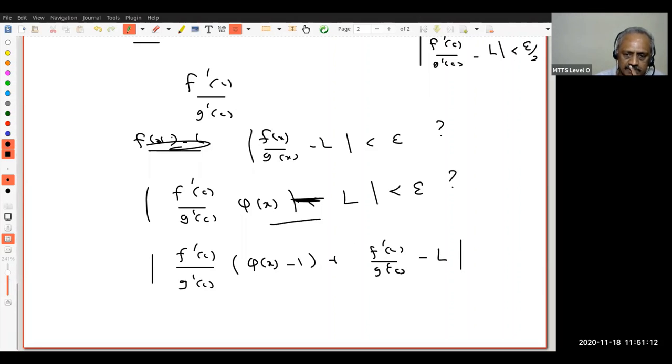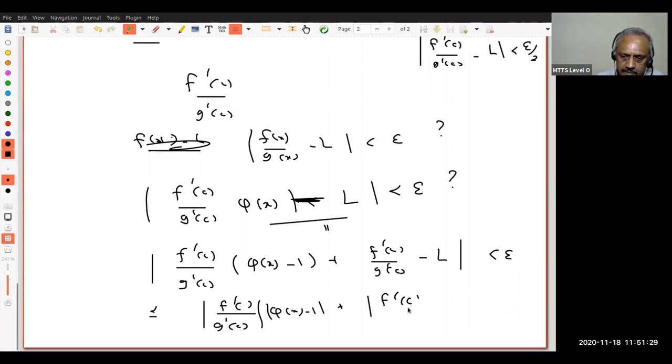This object is equal to this. So I have to make sure this is less than epsilon. But this will be less than or equal to the modulus of f'(c) by g'(c) times phi of x minus 1, plus the modulus of f'(c) by g'(c) minus L. You follow that? So this object equal to this object, I want to break it into two parts.